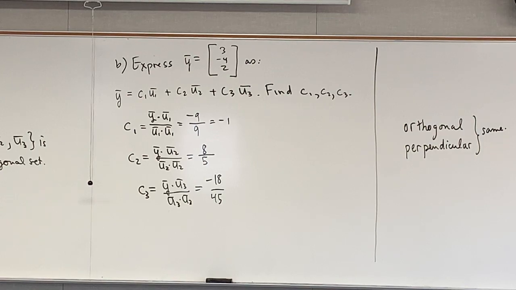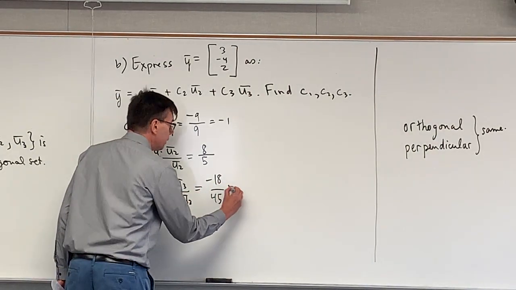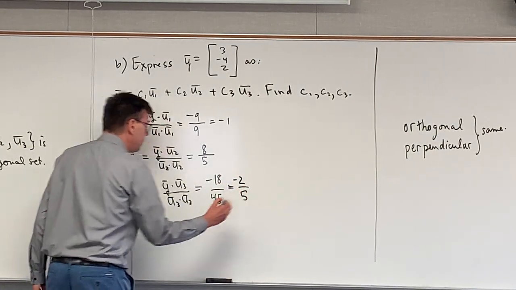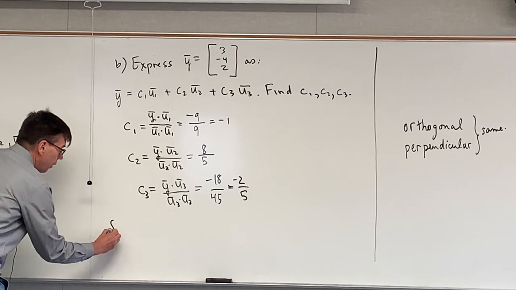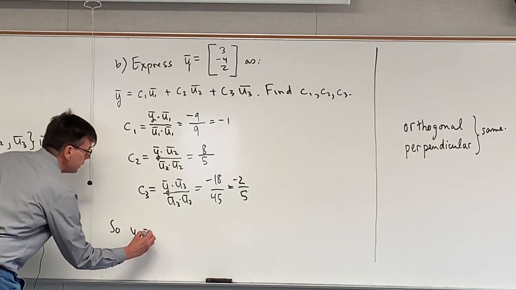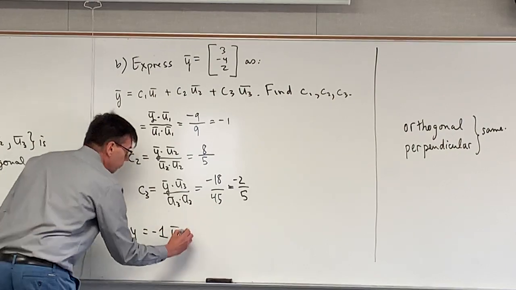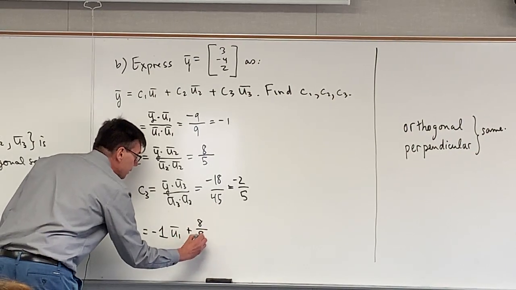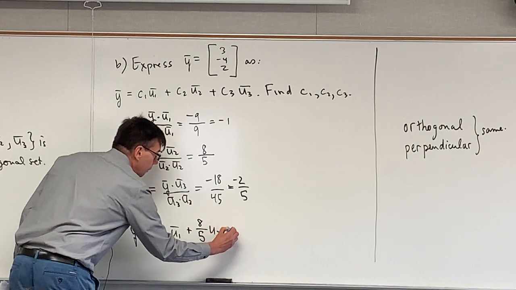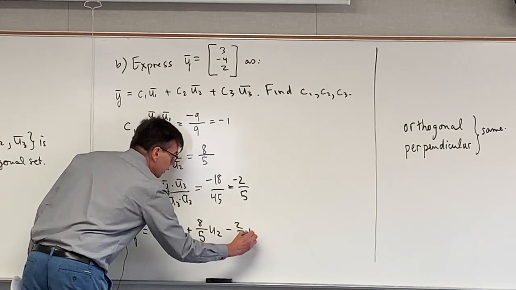I get negative 1, 8/5. Yeah. I guess I can make myself reduce that. Okay. So y is equal to negative 1 u1 plus 8/5 u2 minus 2/5 u3.